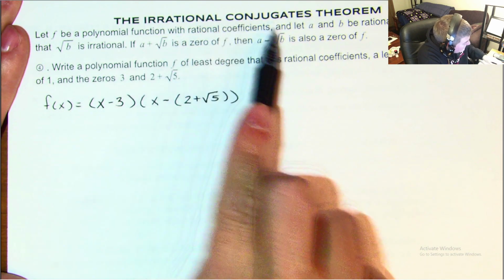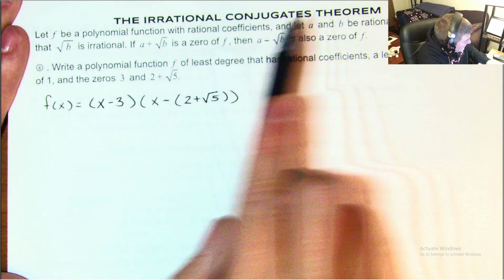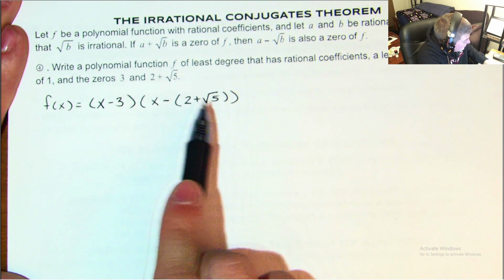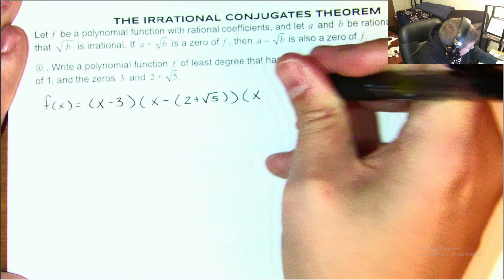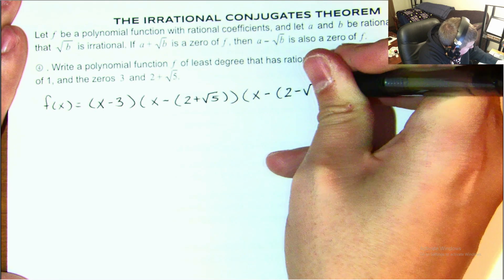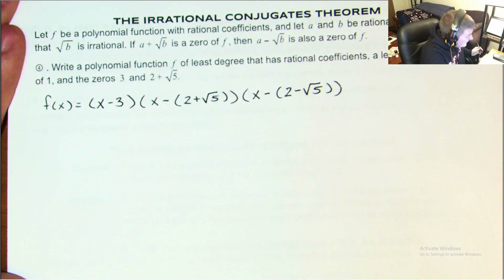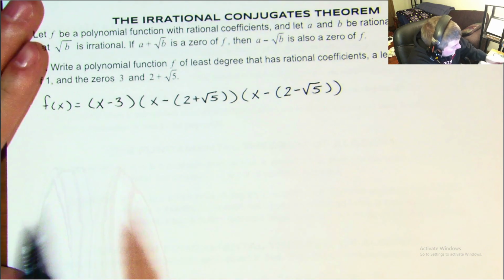For the same reason, this irrational conjugate root theorem, if it has 2 plus the square root of 5, it's going to have one that's 2 minus the square root of 5. So I can rewrite this factor almost, but instead it's going to be x minus (2 minus the square root of 5). Okay, and so this is kind of our first step, okay? And from here we just have to simplify the best we can.